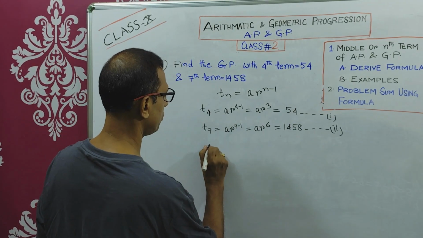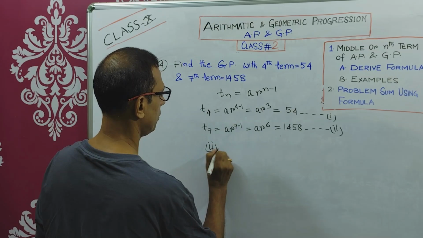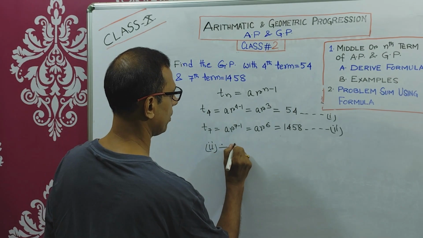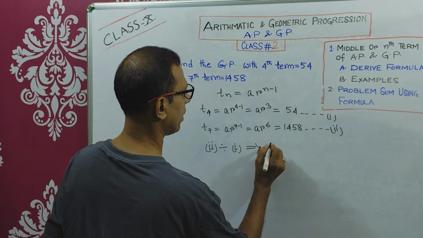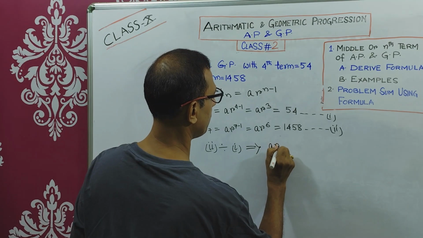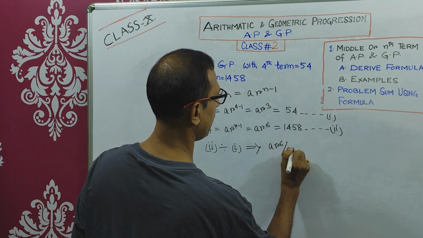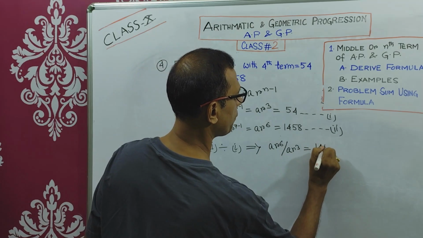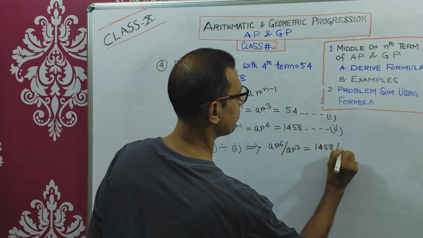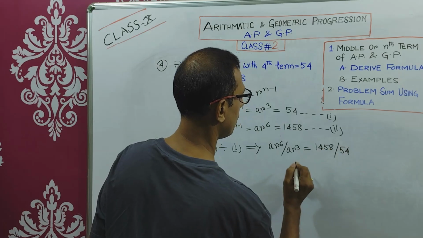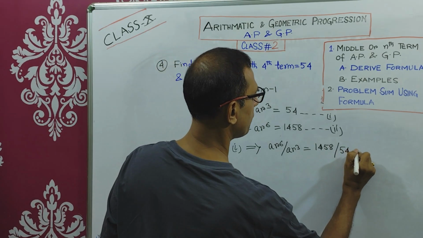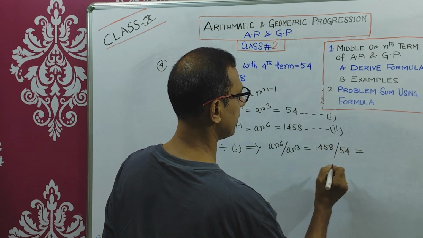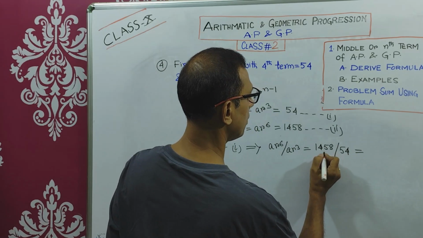Just what you can do, divide 2 by 1. That means A r to the power 6 divided by A r cube equals 1458 divided by 54. If you divide this one, what will be the value?